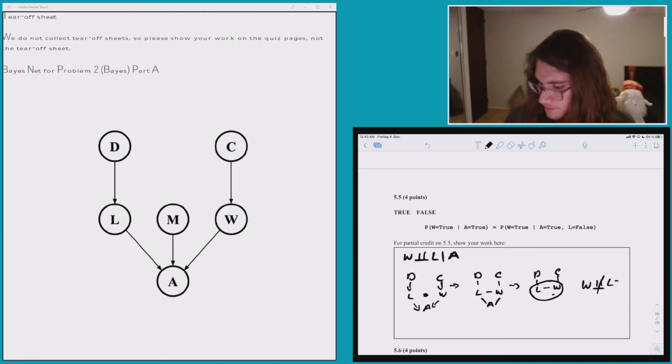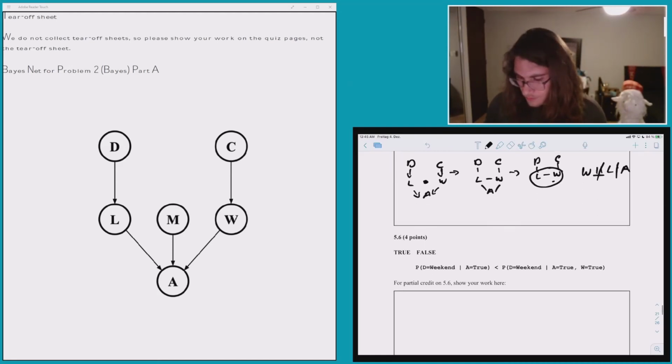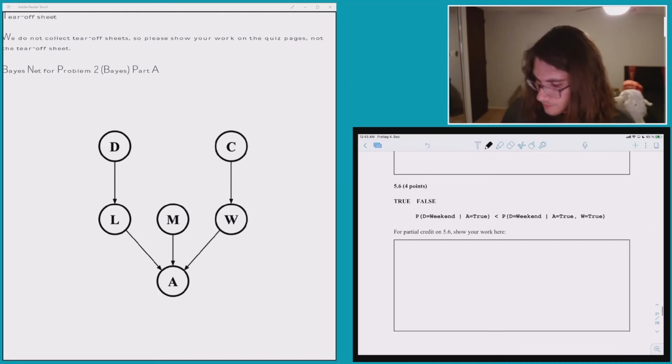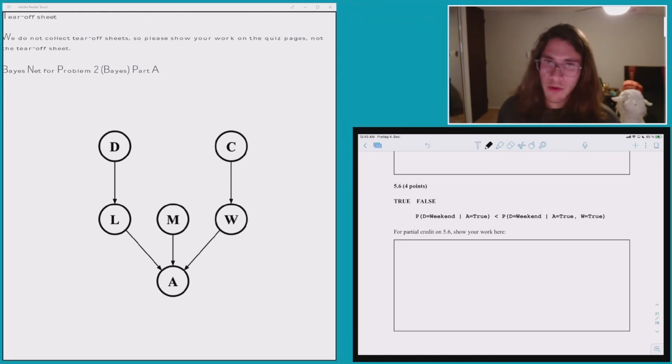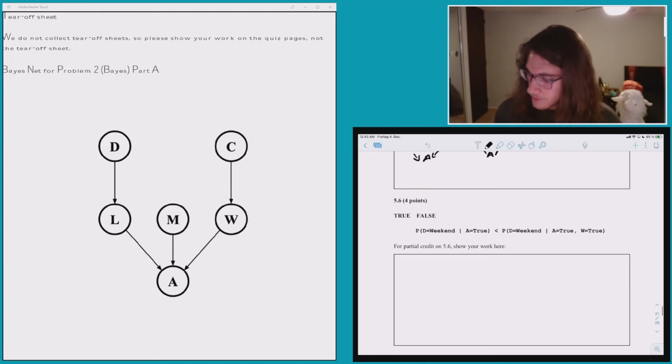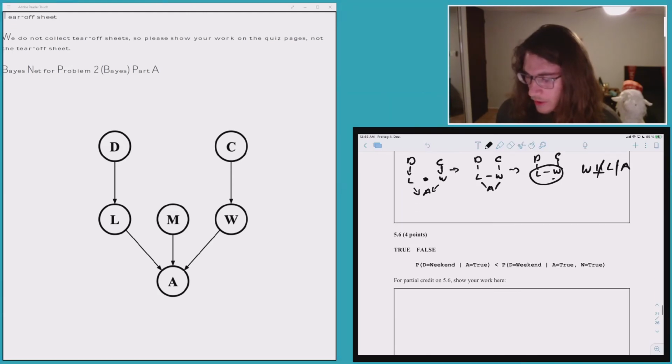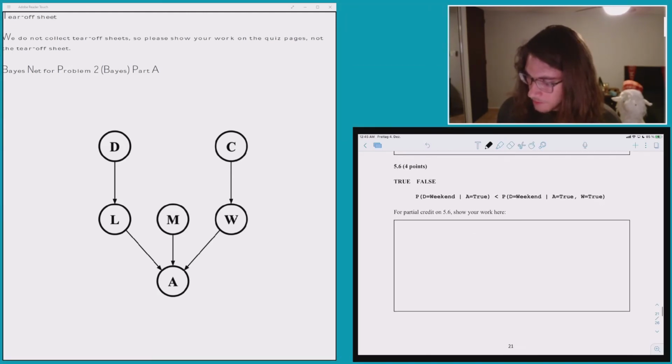Whoops, given A. So this is actually not true. Structurally speaking, we're assuming that the numbers will also work out because it's rare. But yes, structurally they are not independent, given A.